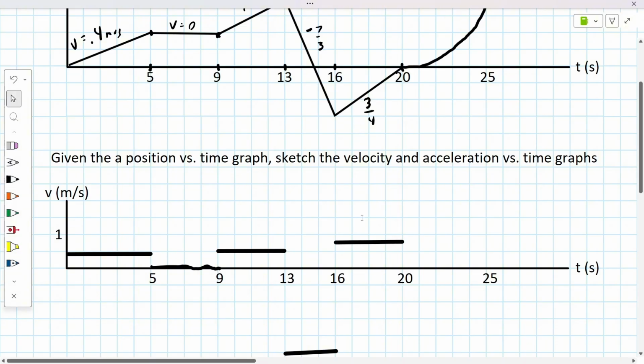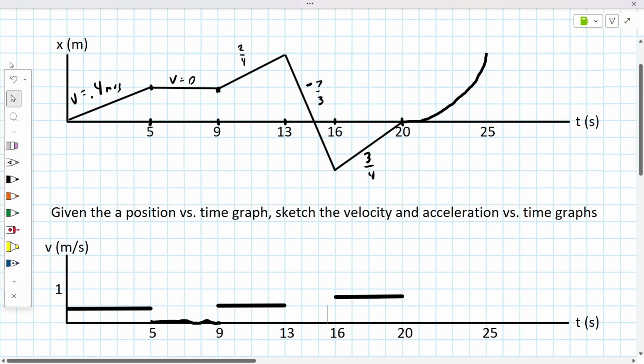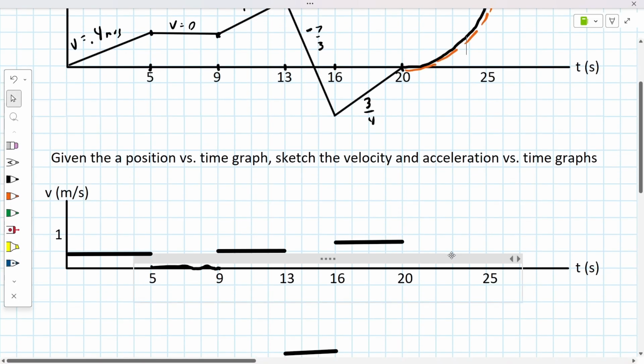And then this one right here has a changing velocity, as we kind of drew out last time. It starts off with the slopes being light, and then they increase as the graph goes on. So we're going to assume that this is constant acceleration here. When it starts, it looks like it starts out pretty much at 0.